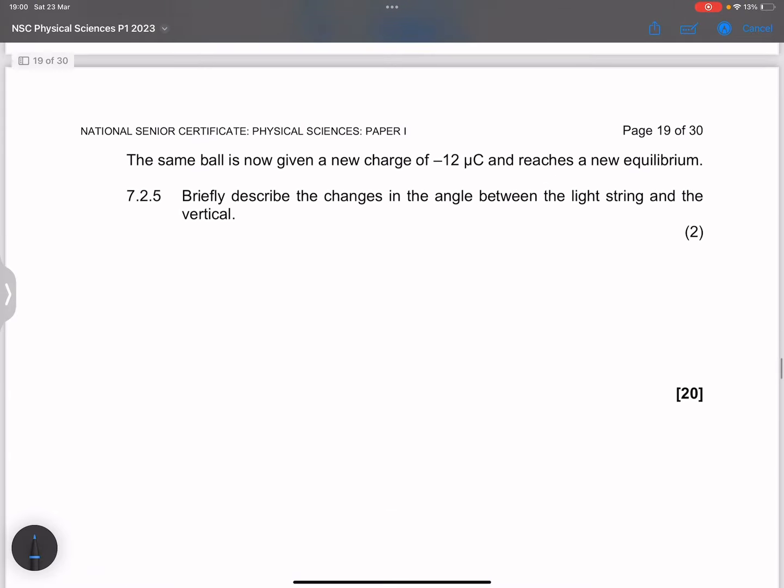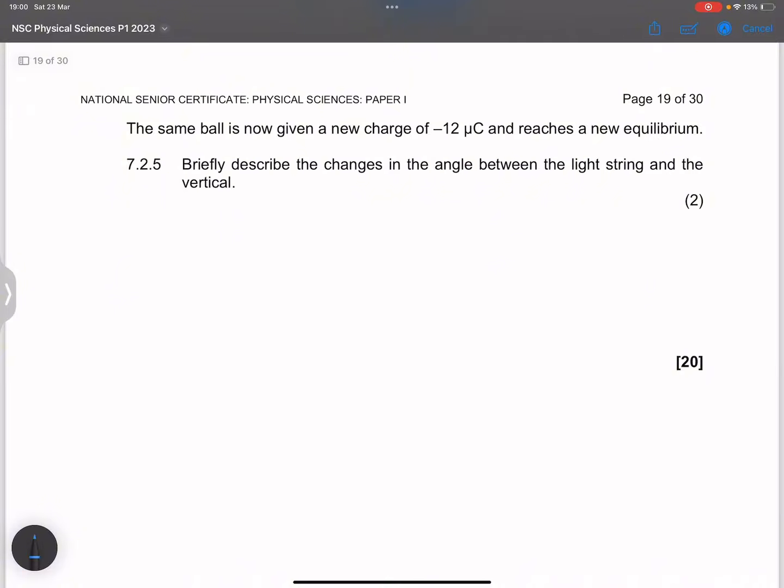Finally, they say the same ball is now given a new charge of negative 12 and reaches a new equilibrium. Briefly describe the changes in the angle between the light string and the vertical. With a bigger charge, there will be a greater electrostatic force.